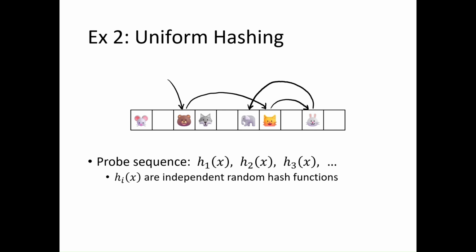Although this probe sequence seems more random than the previous example, it is still fully determined by x and some other random bits, so uniform hashing also satisfies the condition of classical open addressing.